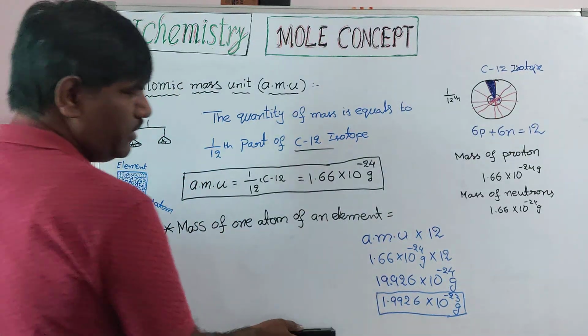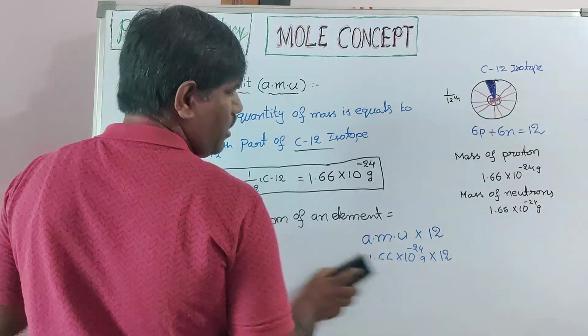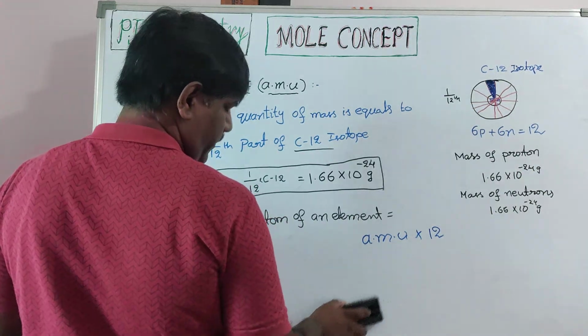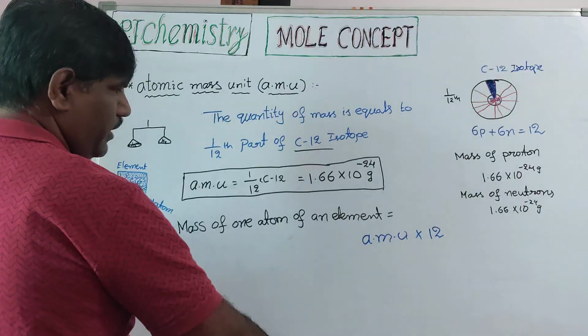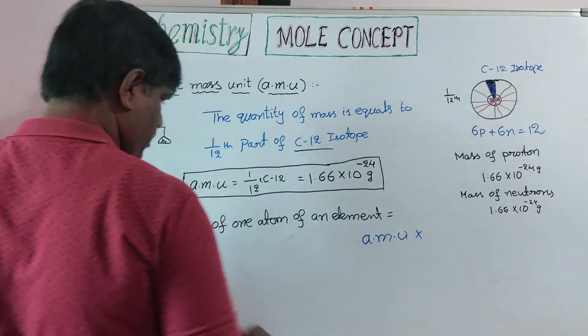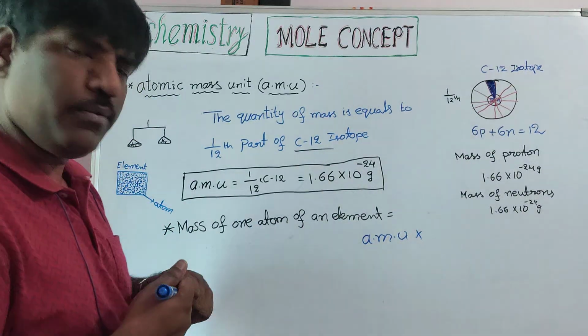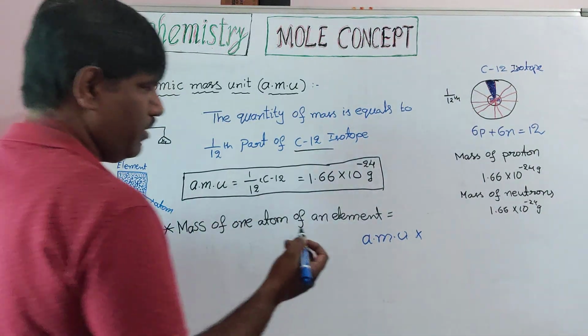I hope this is understood. We want a common formula for any element. At that time, instead of mentioning 12, we write AMU into atomic mass, which is easy to form.